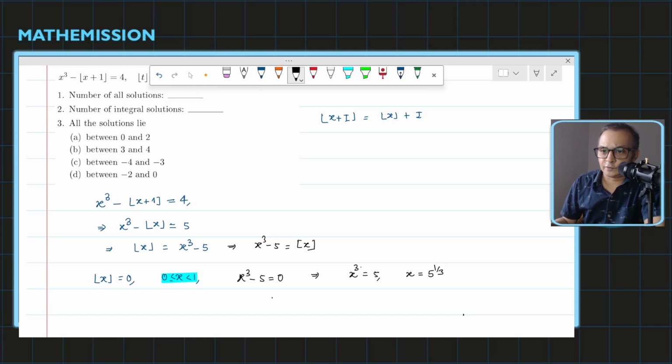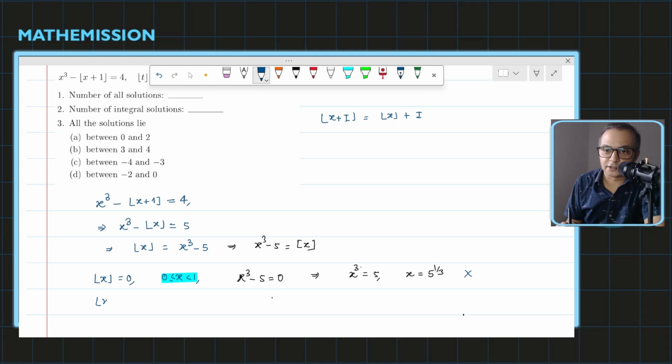Now this 5 to the power 1 by 3 cannot be a number which lies between 0 and 1, because whatever number you take between 0 and 1, no matter how many times you multiply it again and again, it will always be lesser than 1. And this 5 to the power 1 by 3 is not lesser than 1. So this is not our required solution. So this fails.